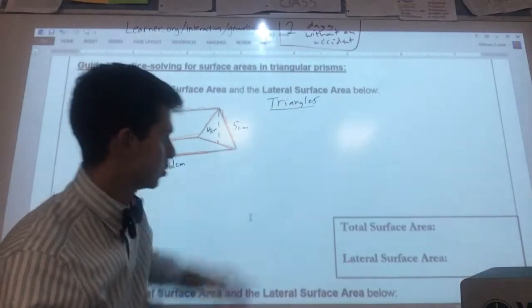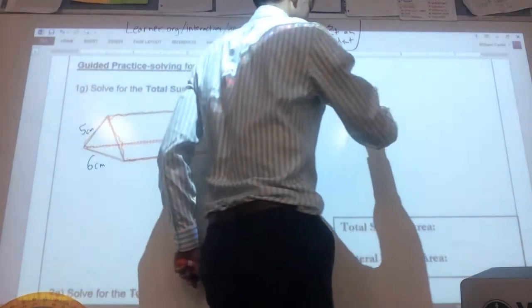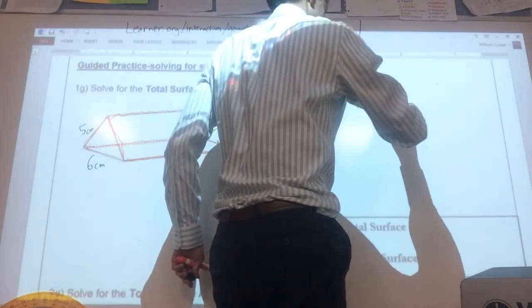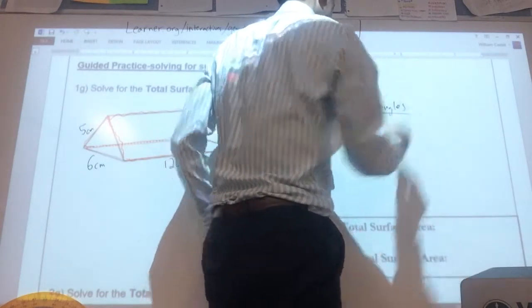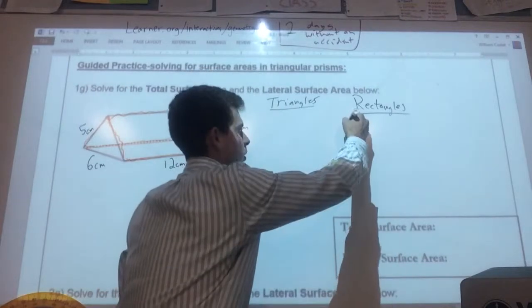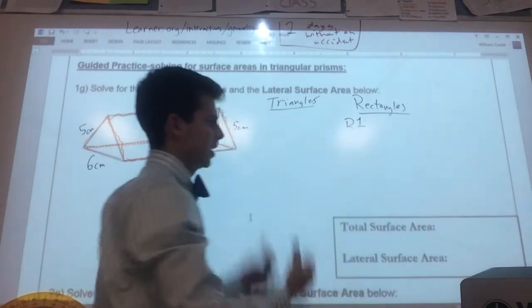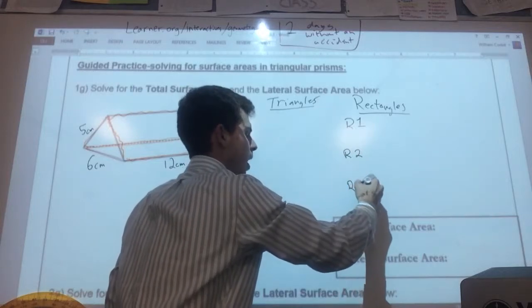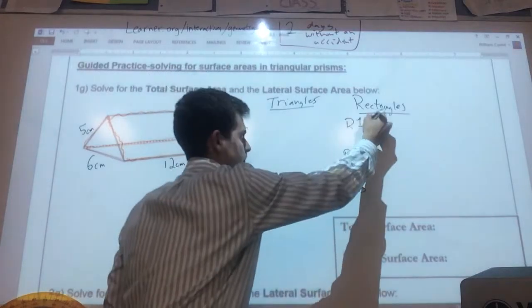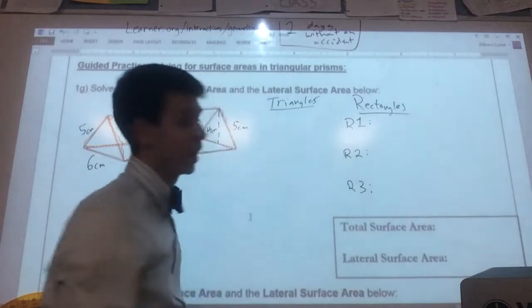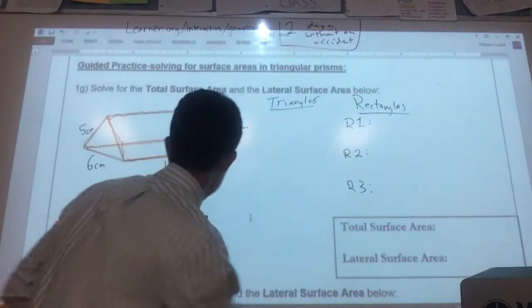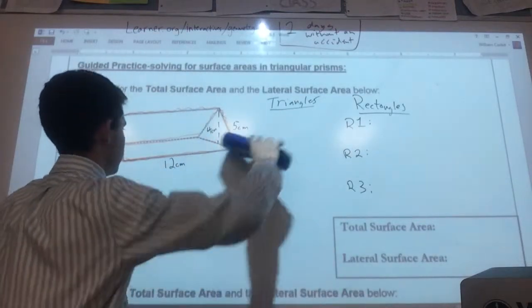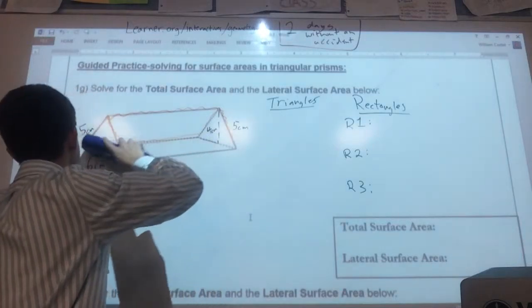So I'm going to put the triangles here, and I'll put the rectangles here. And I'll do rectangle 1, R stands for rectangle, rectangle 2, and rectangle 3. Okay, nice and organized.